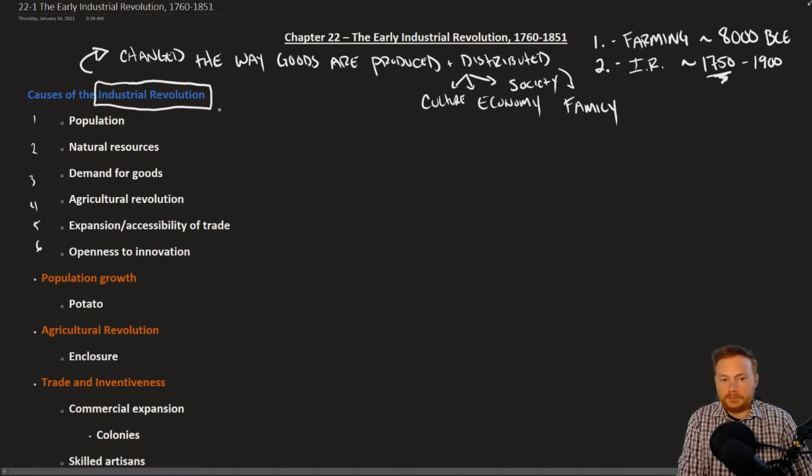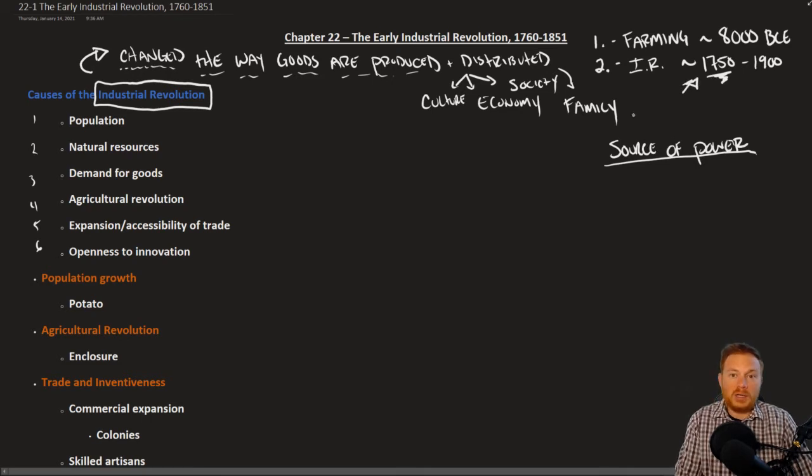So first of all, let's talk about, actually before we get to the causes, the fundamental thing that is changing here, again, if we were to kind of narrow this down even more, is what we might call the source of power. Now that means all throughout human history, essentially, up until the 1750s, things were created, that is made, or people got around, transported things, pretty much from one of four power sources.